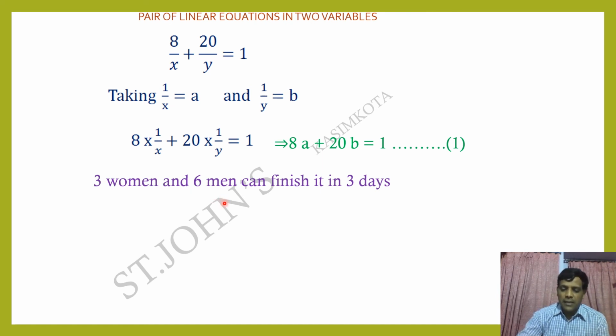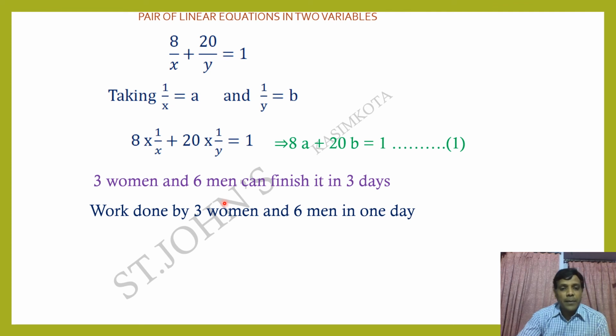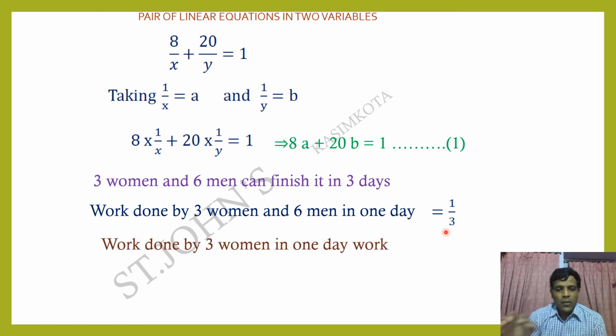Okay. Write in the next step. Work done by 3 women and 6 men in 1 day equals 1 by 3, because 3 women and 6 men can finish it in 3 days. Work done by 3 women in 1 day equals 3 by x.